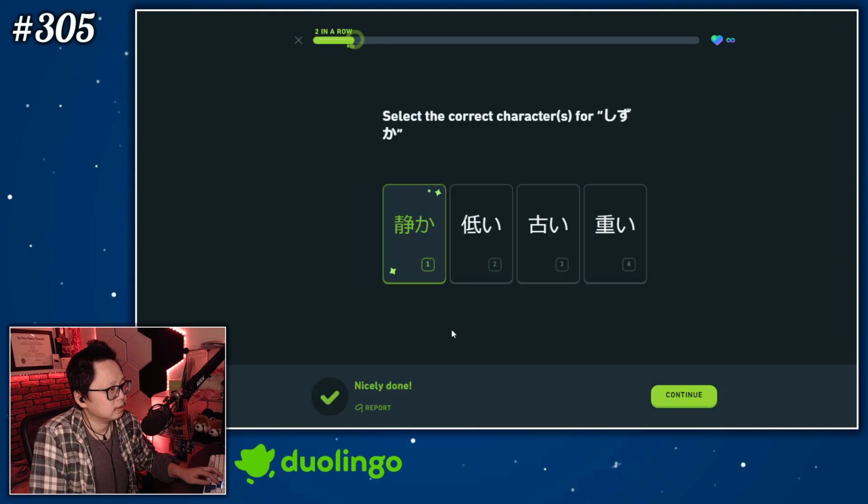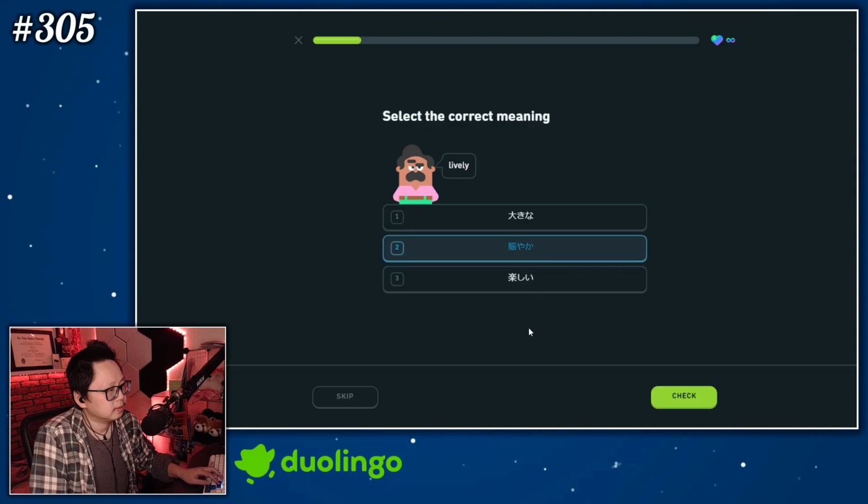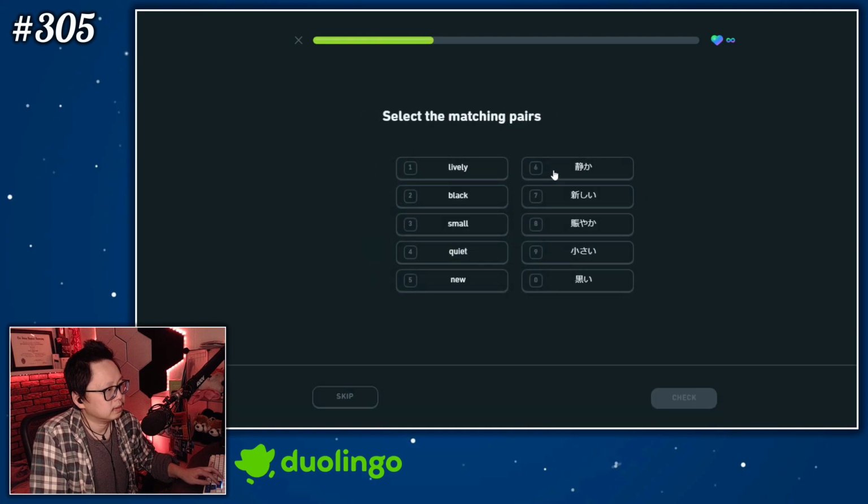Shizuka, 静か. Nikiyaka, にぎやか. Atarashi, 新しい. Chiisai, 小さい. Kuroi, 黒い.